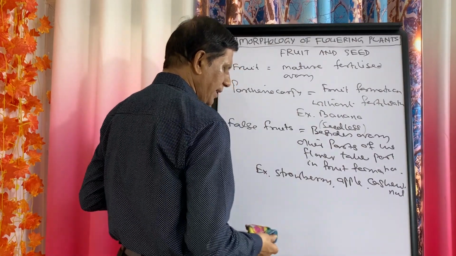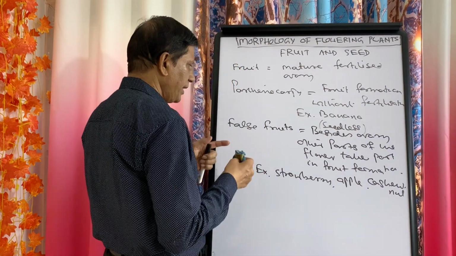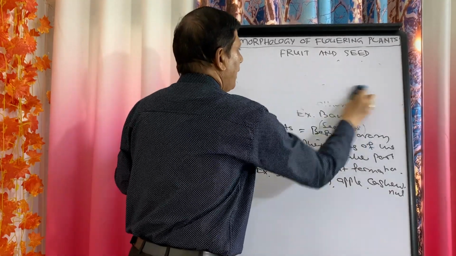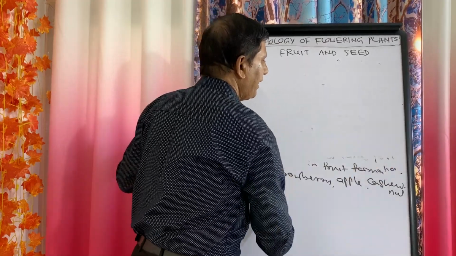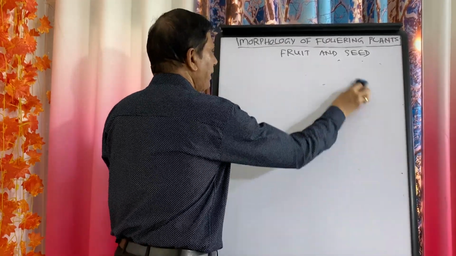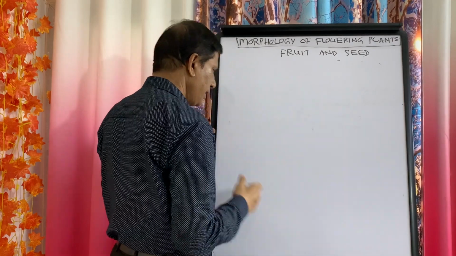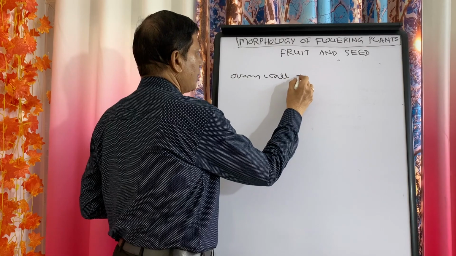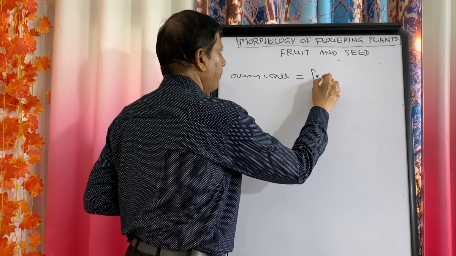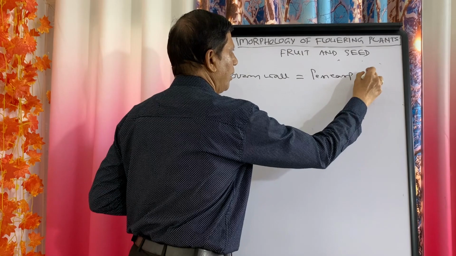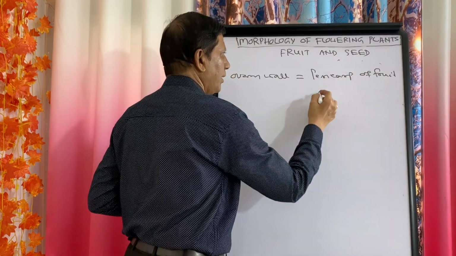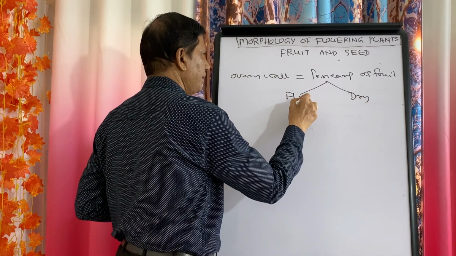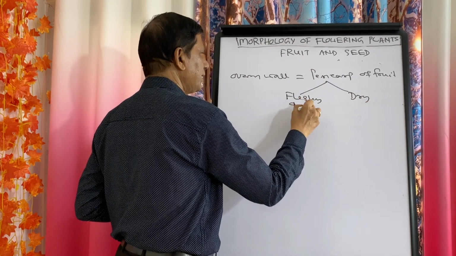Now when the ovary is converted to the fruit, the wall of the ovary is converted to pericarp. The pericarp may be dry or it may be fleshy and thick.